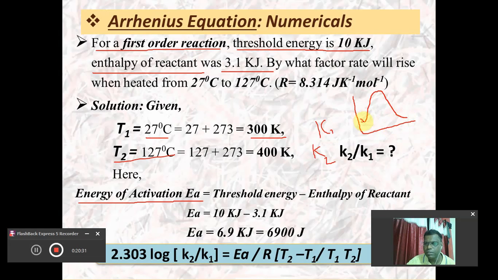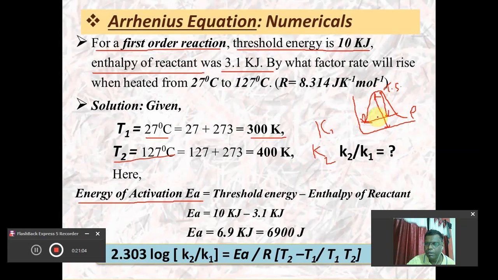If this is the reactant, this is the product, and this is the transition state of the reaction, what happens is that the energy difference between the transition state and this level is called the threshold energy, and the energy difference between the reactant and the transition state is called the energy of activation.